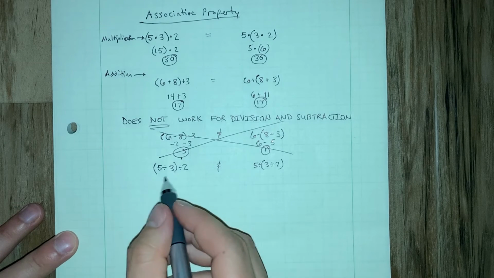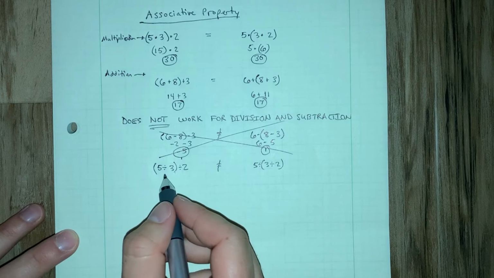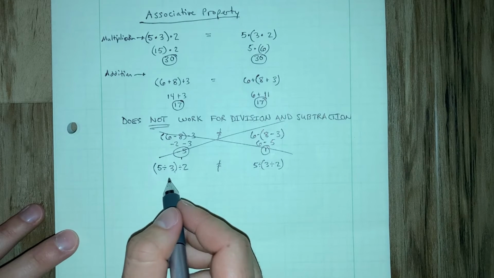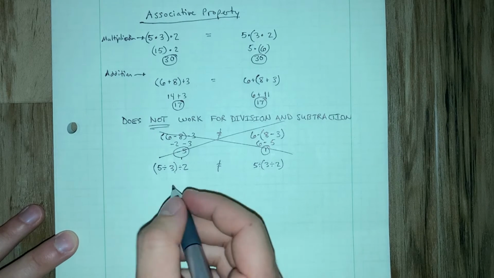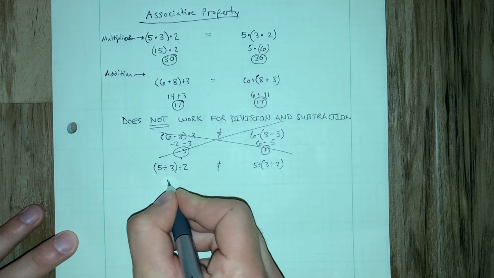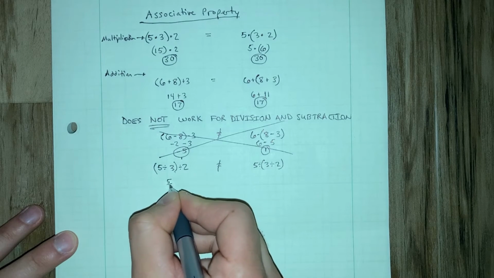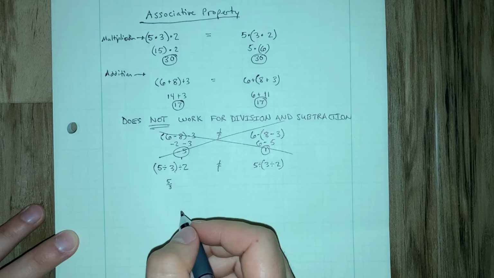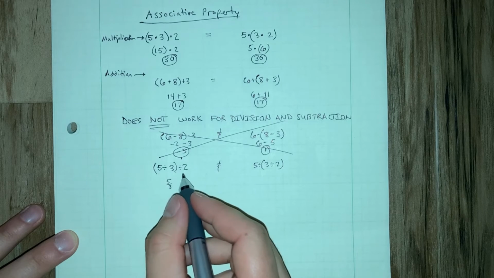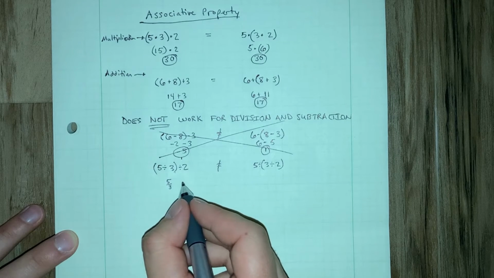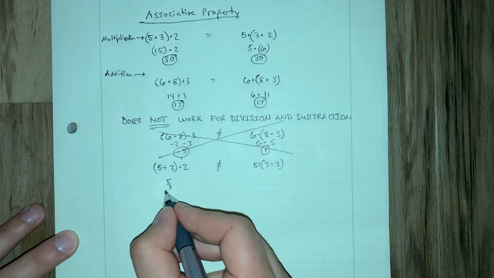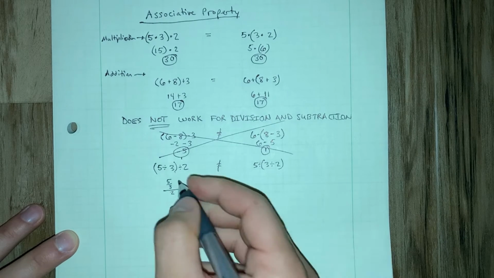So, order of operations, we do the parentheses first. What's 5 divided by 3? Well, I'm going to write it like this. Okay. And then we have a divided by 2. And rather than writing it off to the side, I'm just going to write it like this.